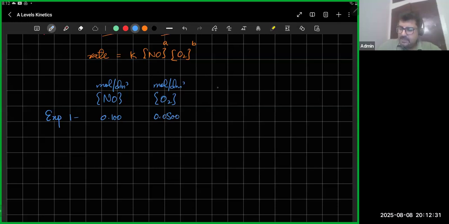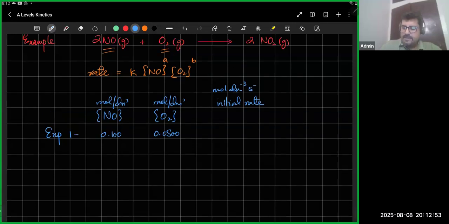And the initial rate is calculated, and that's mole per dm cube per second. The change in concentration with respect to time, so that is mole per dm cube per second.